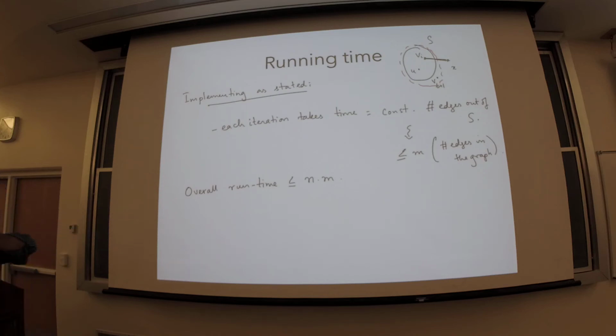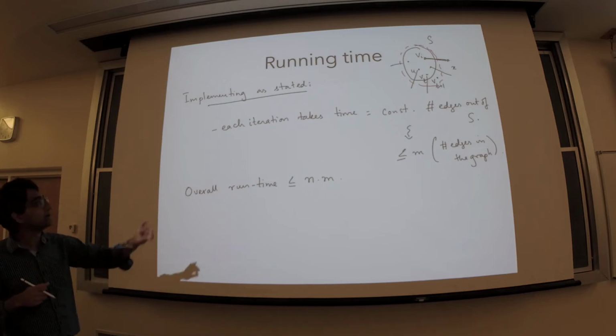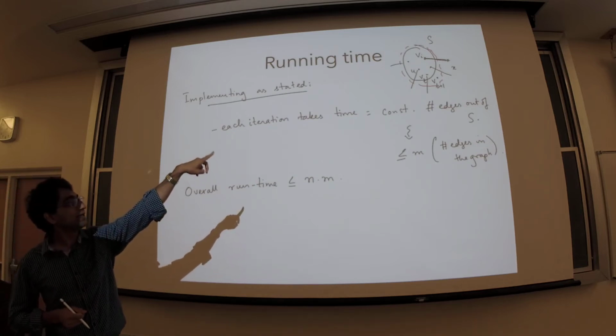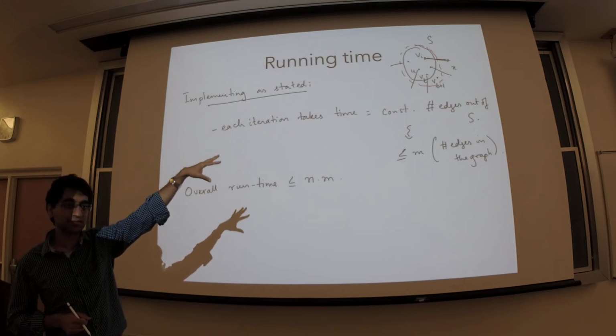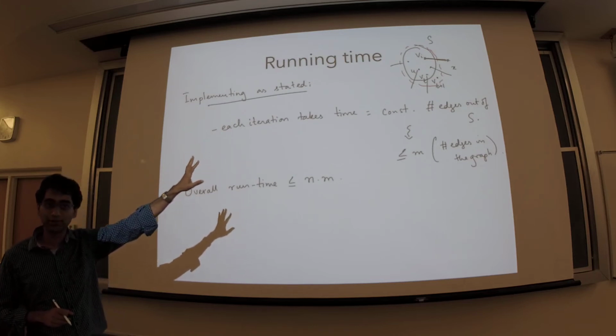Only edges out of this new vertex that you added should matter. Each time you're growing this S by one vertex. You had all these V1 through Vt already, and edges that went out from these to the rest of the graph were already considered. Only the edges from Vt to different vertices outside, those you've really not explored at all.